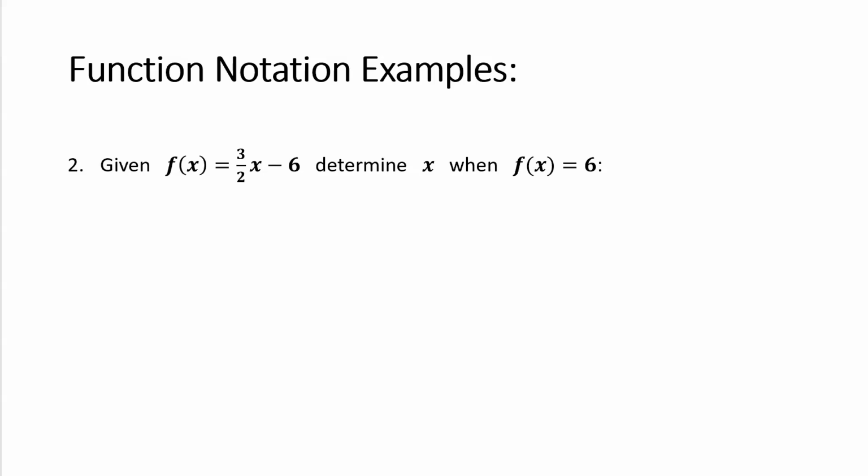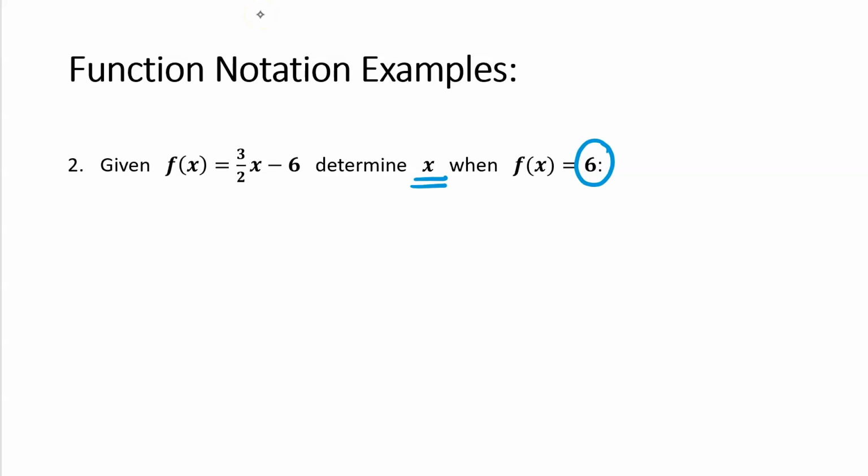This one says that if you have a function that takes an input x, multiplies it by 3/2, and then subtracts 6 from it, if your function has a value of 6, what did the input need to be?